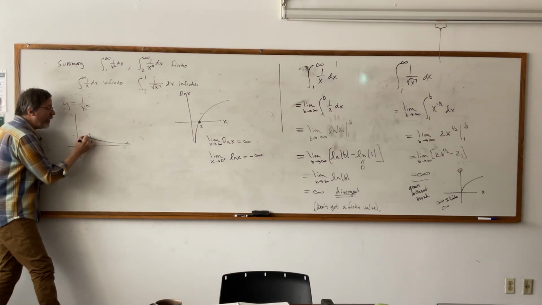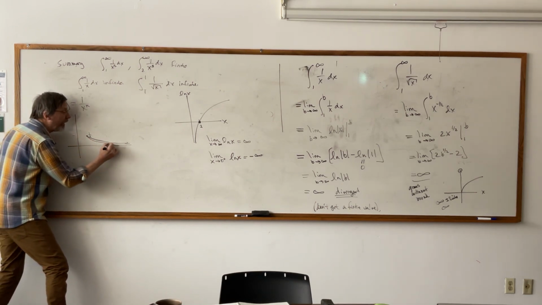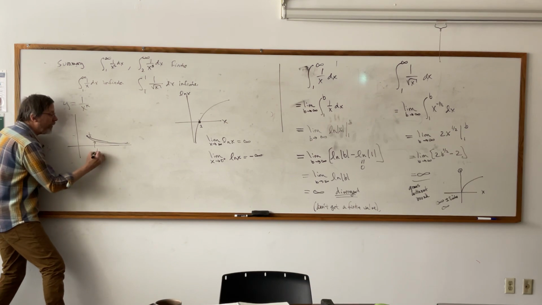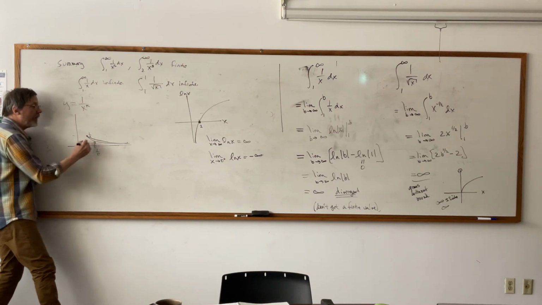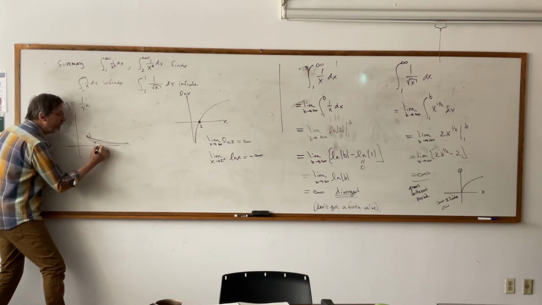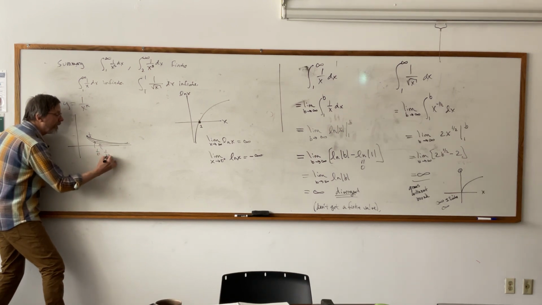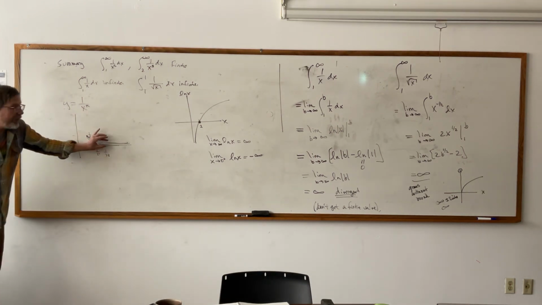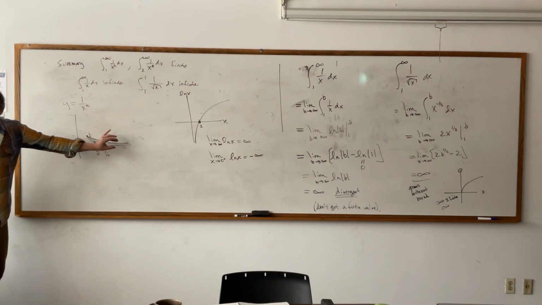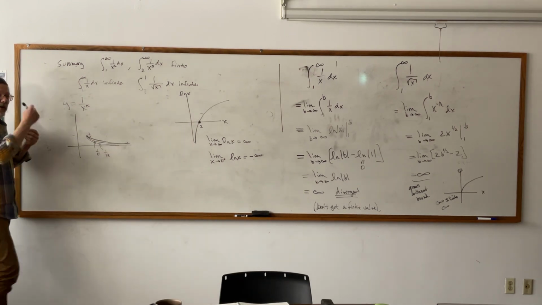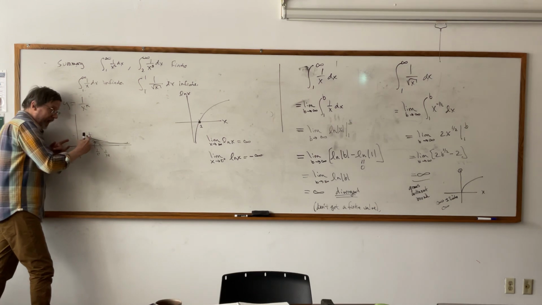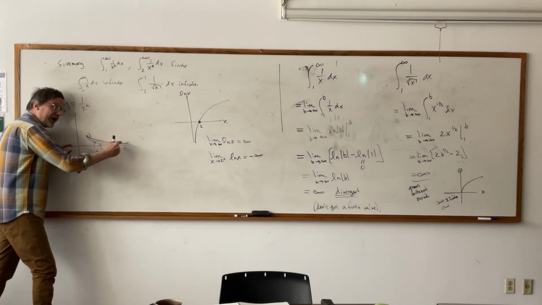If I have 1 over x to any power higher than 1, so like right down here, this would be 1 over x squared. This is 1 over x cubed. They die off fast enough that the area can be finite. They die off so fast that the area actually can add up.